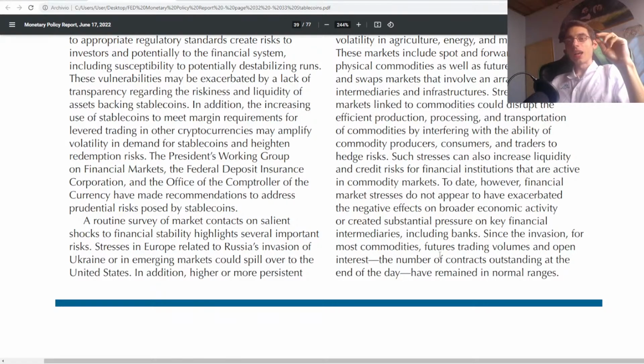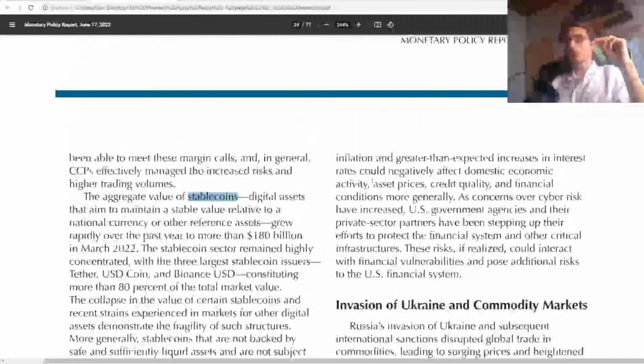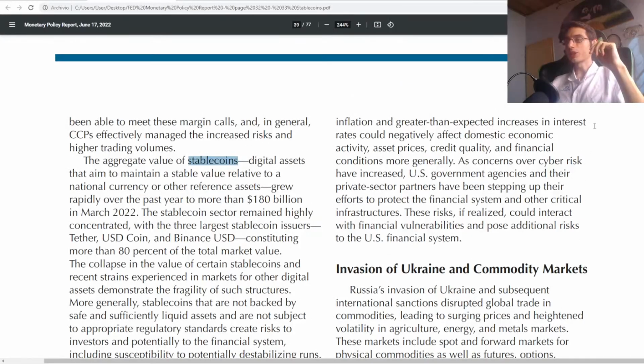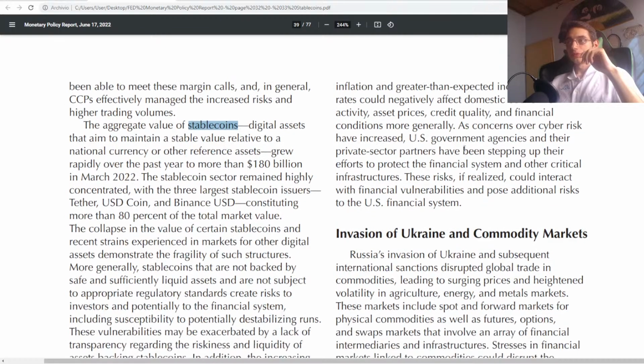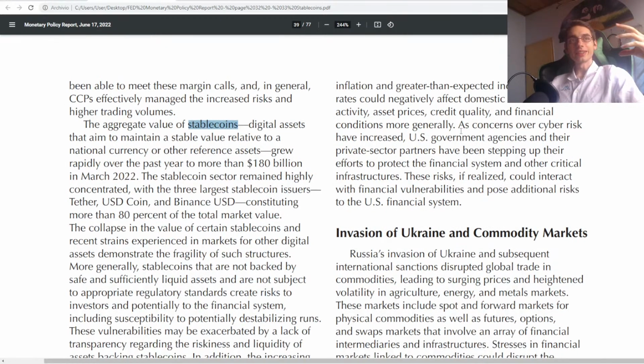In addition, higher or more persistent inflation and a greater than expected increase in interest rates could negatively affect domestic economic activity, asset prices, credit quality, and financial conditions more generally. So it is not only the broader market, but also the tightening of monetary policy by the Fed that is threatening the gross domestic product of the USA itself.